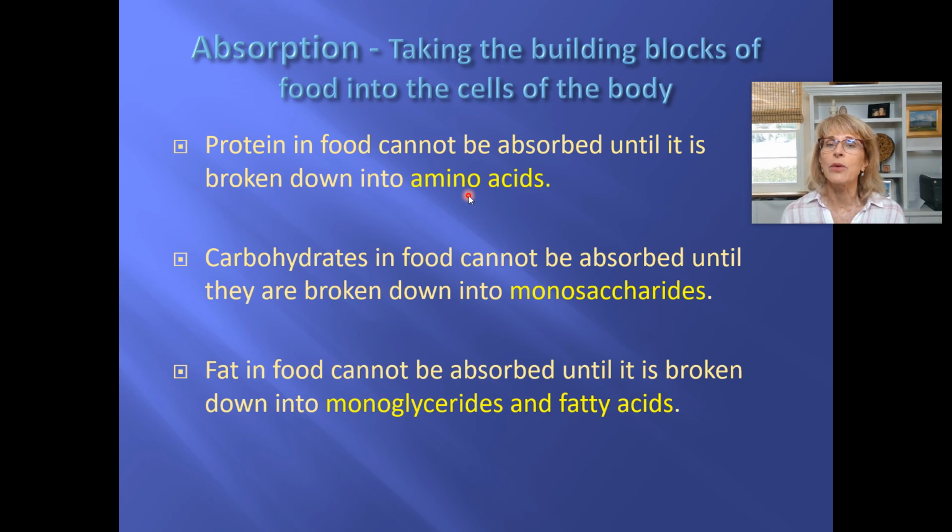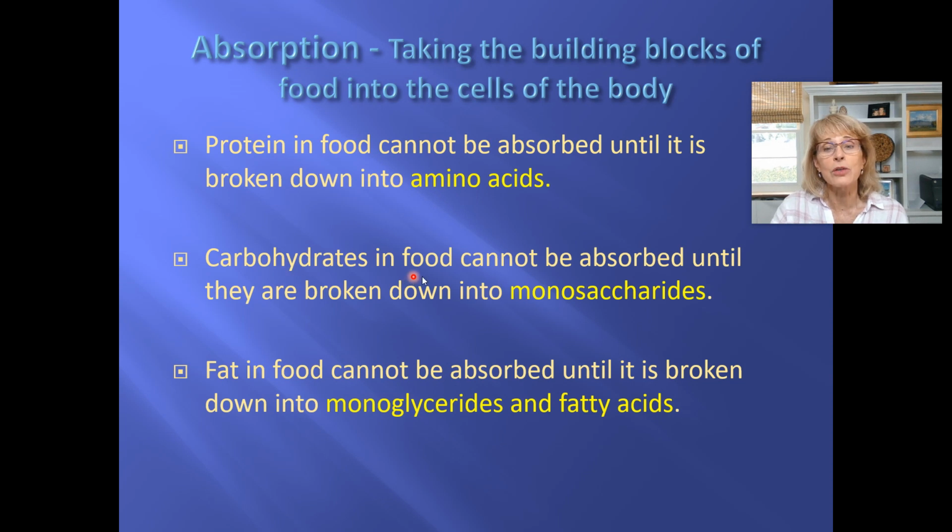Proteins in general are made out of hundreds of amino acids. So if I fed you one myoglobin molecule, you would be eating thousands of amino acids. And the enzymes need to cut that down until you just have those monomers.